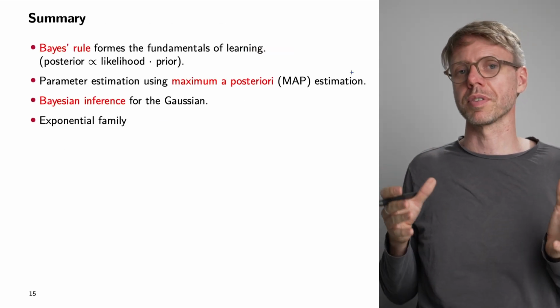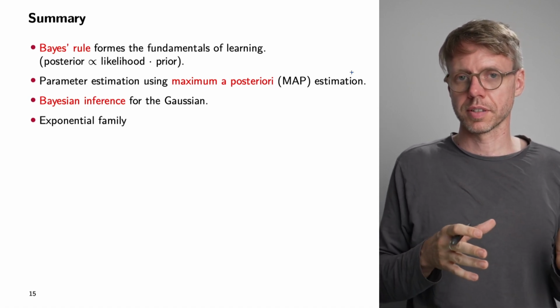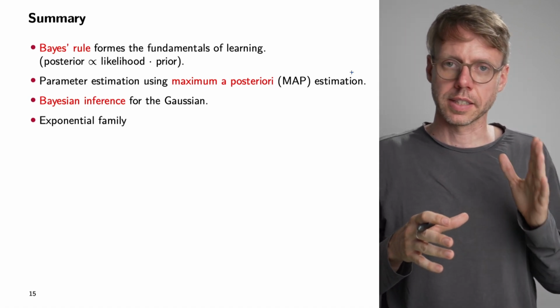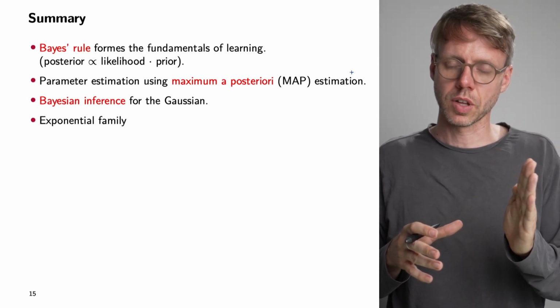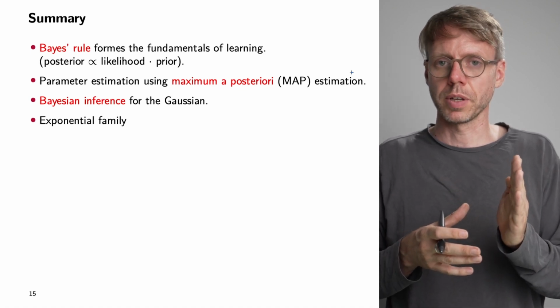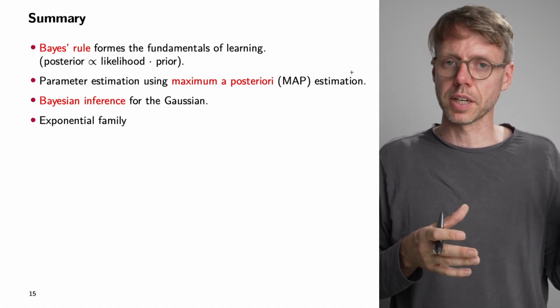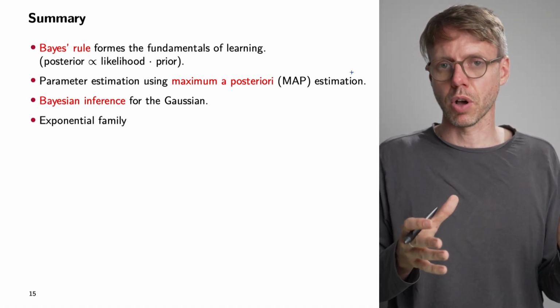Now let's summarize what we have learned. We've introduced Bayesian inference, where instead of getting a single parameter estimate of, say, the mean of a normal distribution, we actually compute a posterior distribution over these parameters of all possible plausible values.